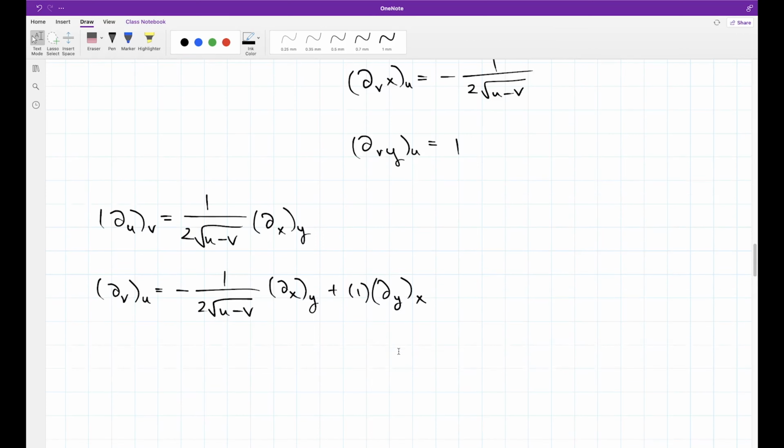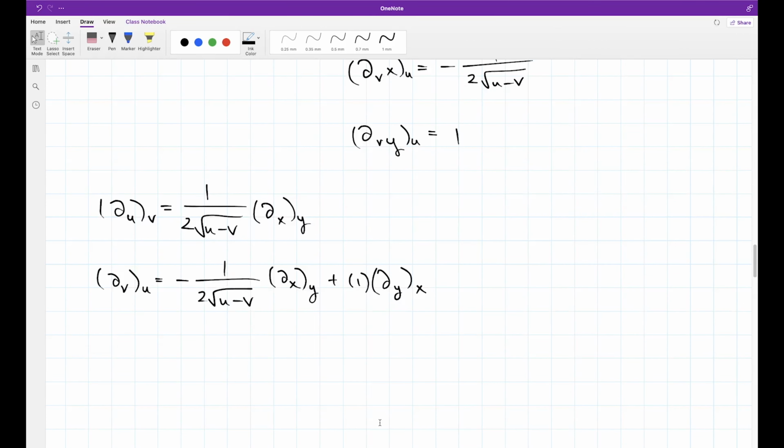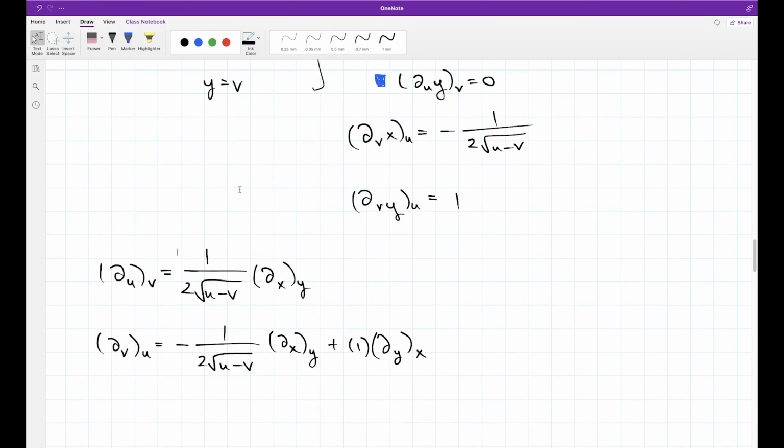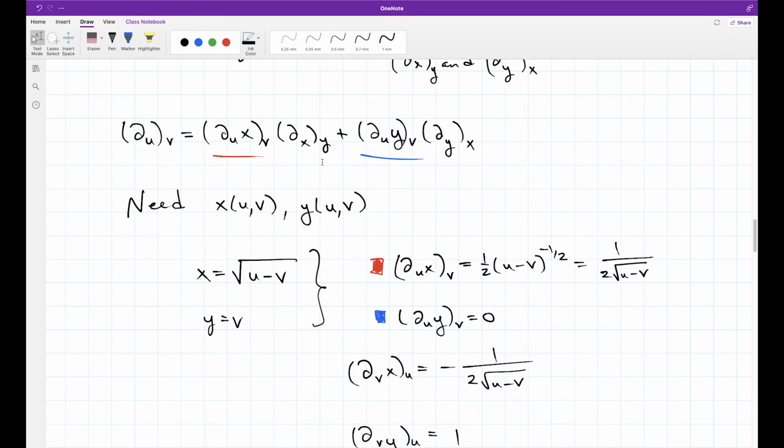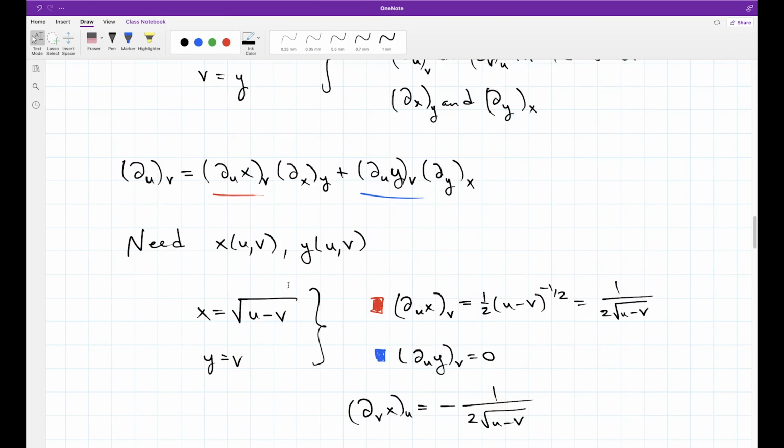Okay. Now, because we have this side in terms of partials of x fixing y and y fixing x, it would be typical to also convert the component functions into x, y coordinates. So let's do that as well. To do that, we need to go back here. So look, x is square root u minus v.